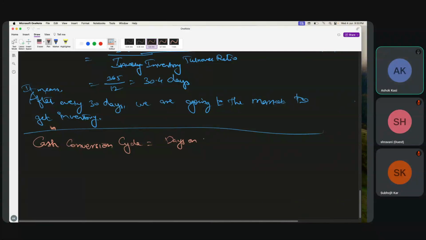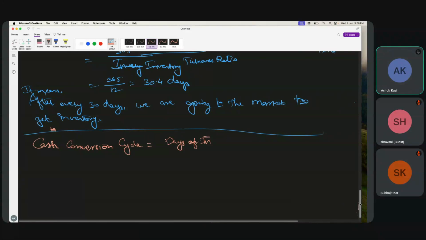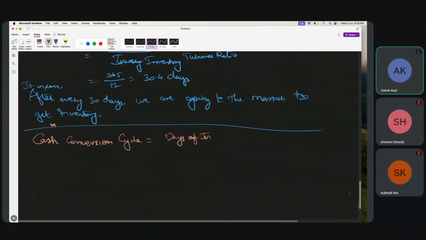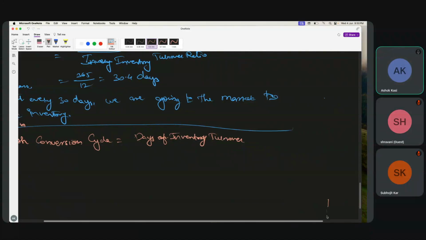So it is days of inventory turnover, plus.